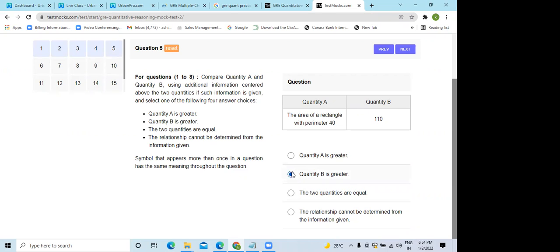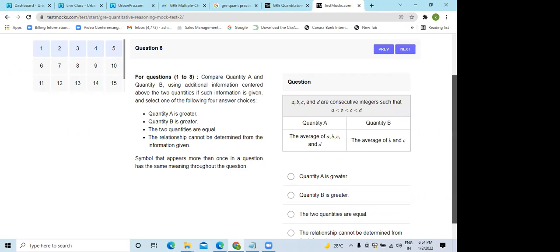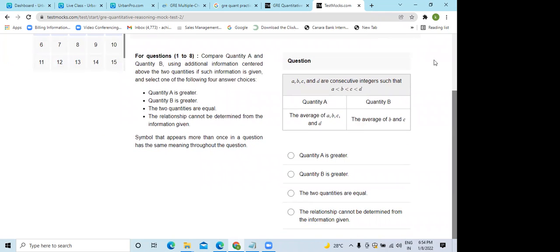Quantity B is greater, so the two quantities are equal, I would say.